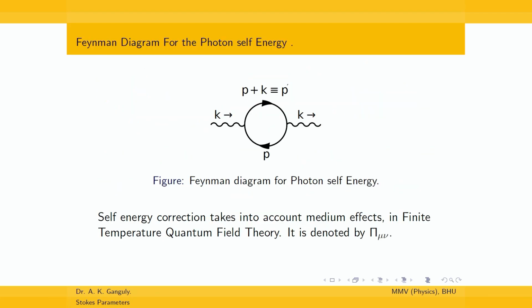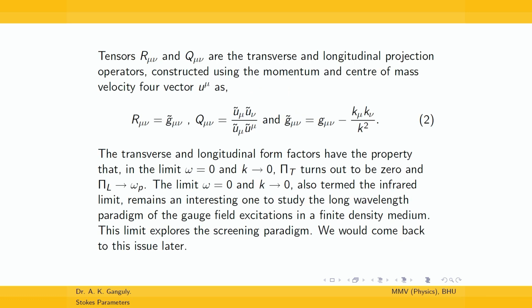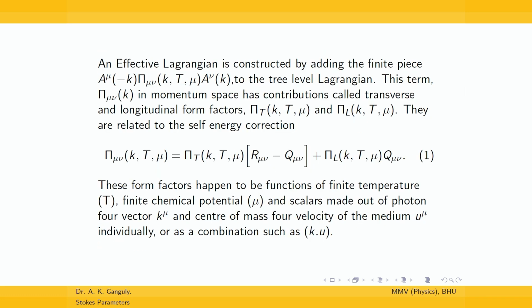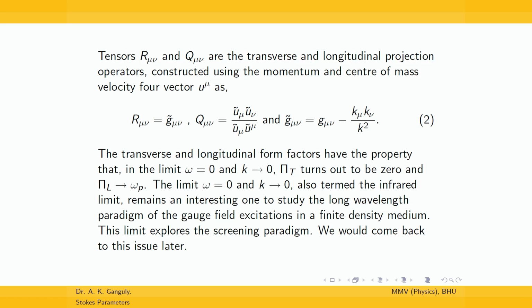So, while one is evaluating this particular Feynman diagram, at the end of this evaluation, the final expression should not contradict what we have just discussed. The structures of these tensors q mu nu, r mu nu, and there are no ands at the moment, are defined in the following slide.